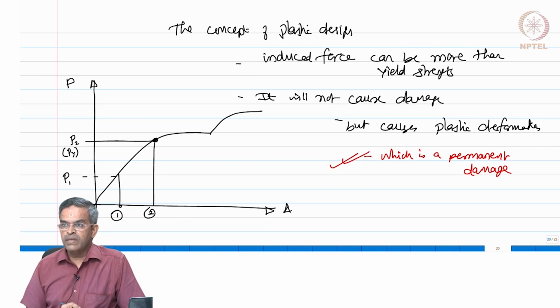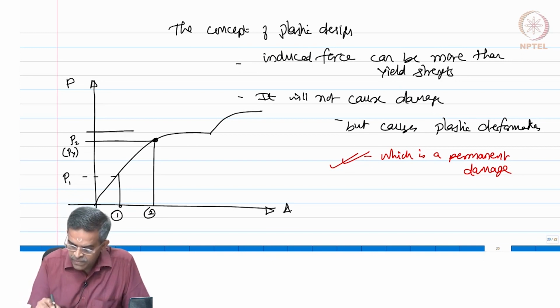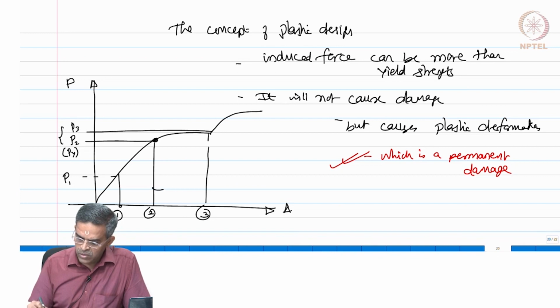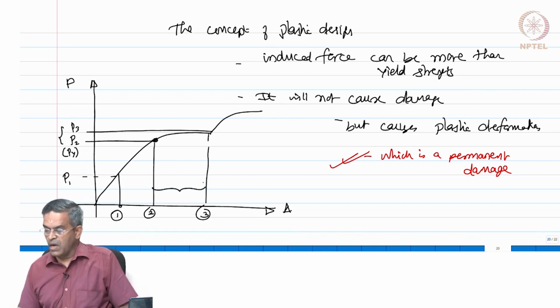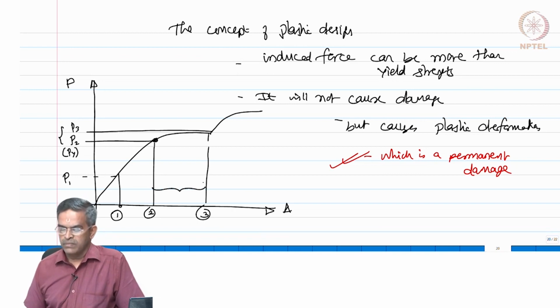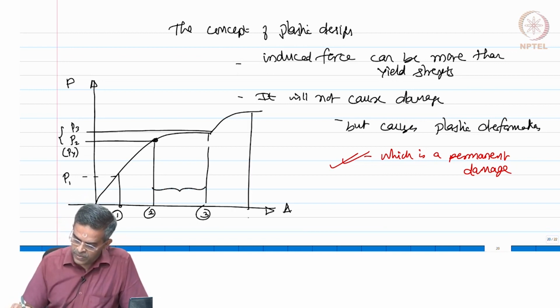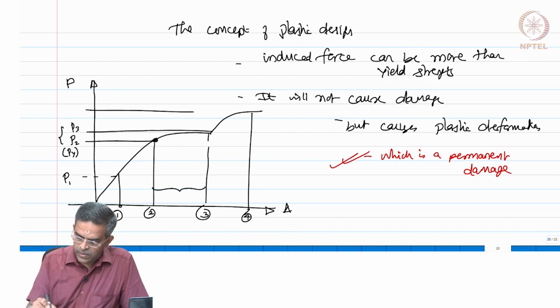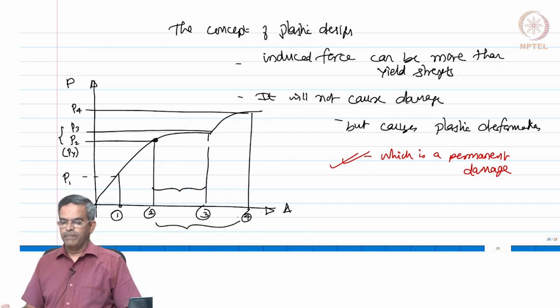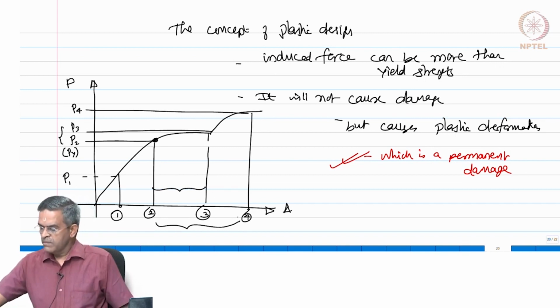The load can be still more than that, but during this increase in load you also encounter large permanent damage, and of course it collapses. It will undergo a permanent damage or a failure.